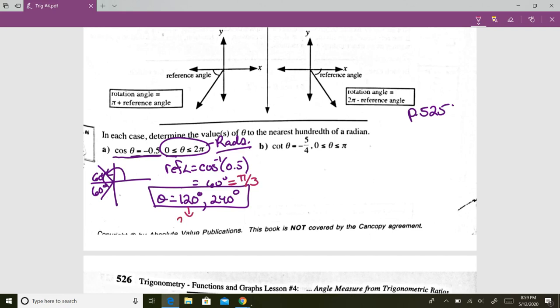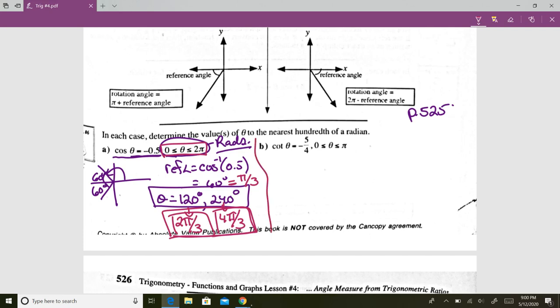So 120 is 2 pi over 3. That's the first answer. How many 60-degree angles to get to 240? 4 of them. 6 times 4 is 24. So it's 4 pi over 3. And that's it. If I give you a question like this and the domain is in rads, all I expect is the answer to be in rads. You can do all your work in degrees. I don't care.